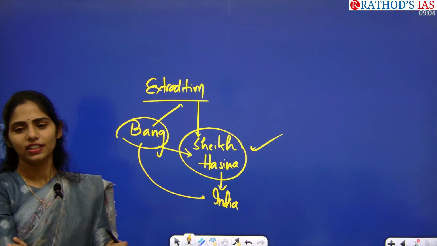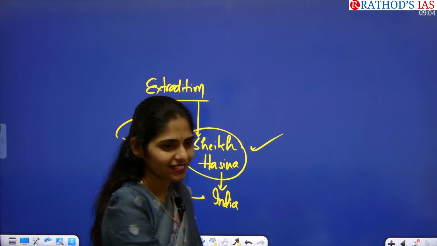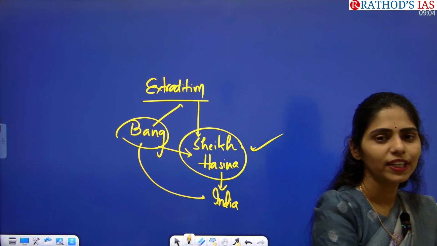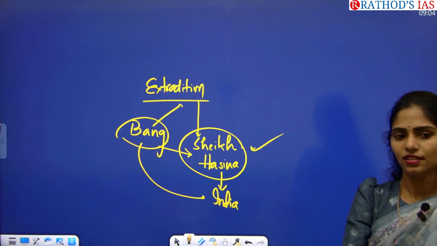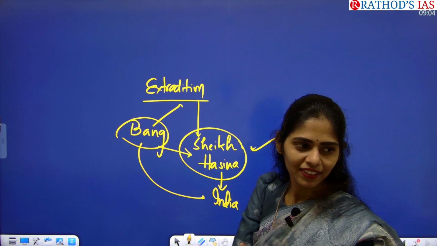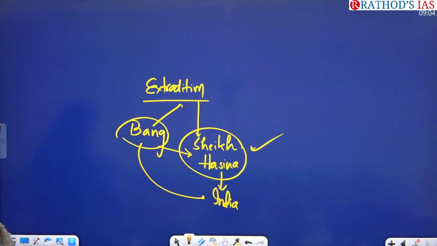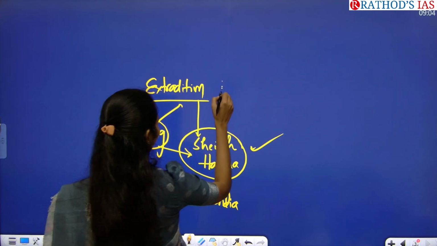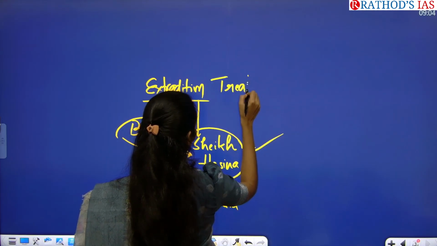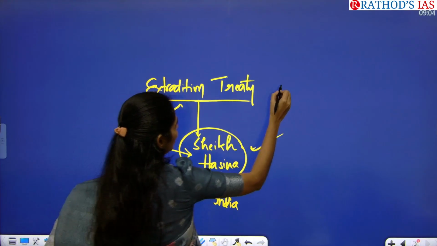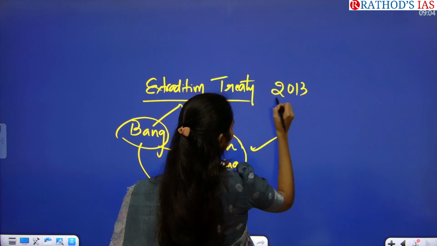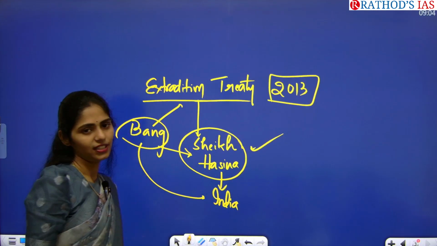So why do we need to send her? Is there any obligation for India to send her? What is that? Yes, very good. So what is the name of that treaty? Extradition treaty. We signed this treaty between Bangladesh and India in the year 2013.